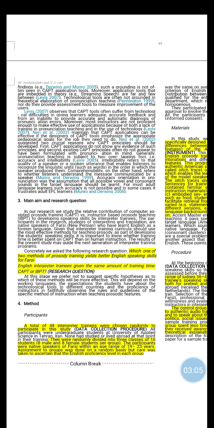So the participants were undergraduate students at University of Applied Science in Tehran, Iran. A total of 48 were chosen randomly to participate in this study.